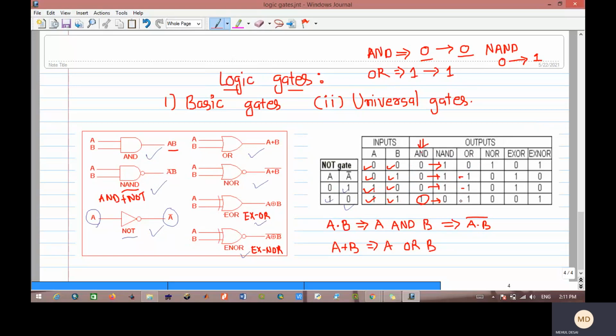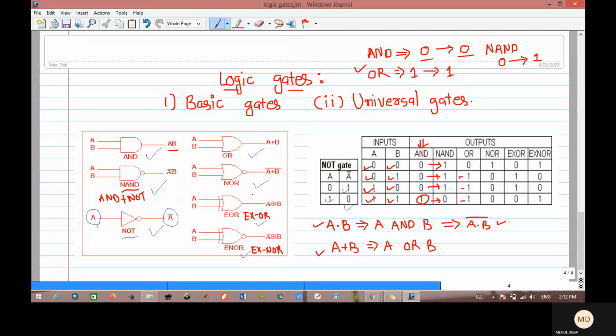Here both are 1, so the output is 1. And when both are 0, the output is 0. Mathematically, the Boolean expression is denoted by the plus symbol, and in logical manner we read it as A or B. So this is the AND gate, this is the NAND gate, this is the OR gate.